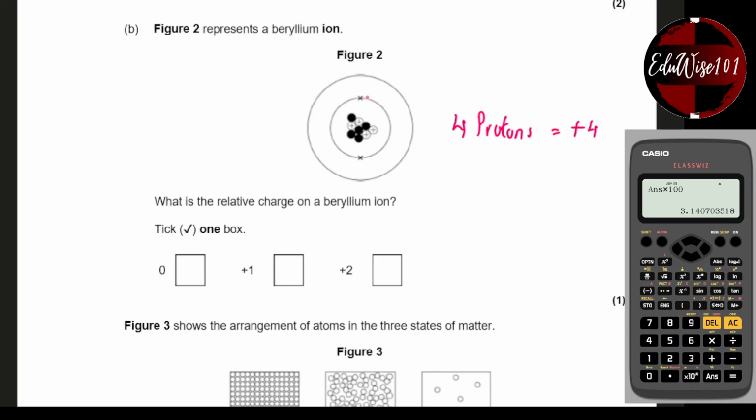There's 2 electrons. These are electrons, and electrons have a negative charge. So overall negative charge is 2. If you add these 2 charges up, you get plus 2. So the answer is plus 2.